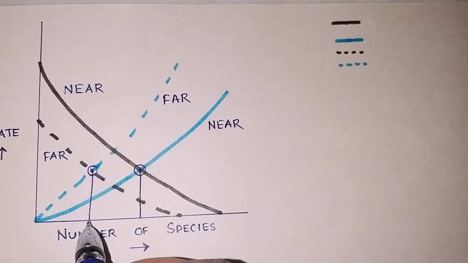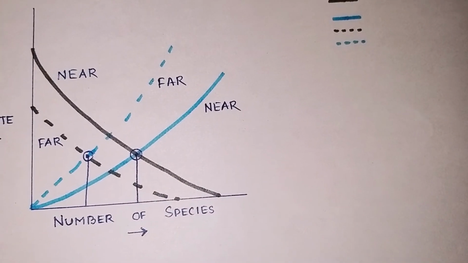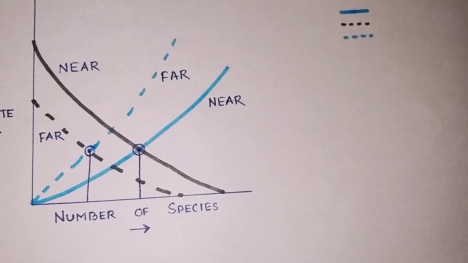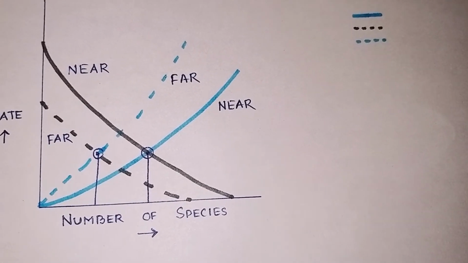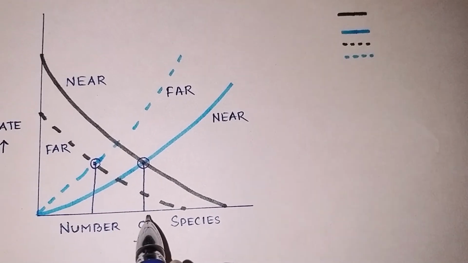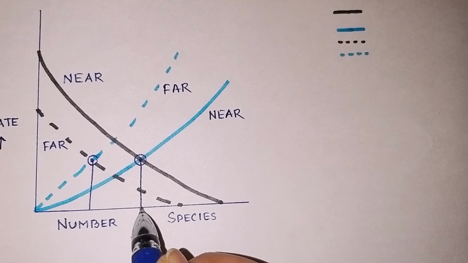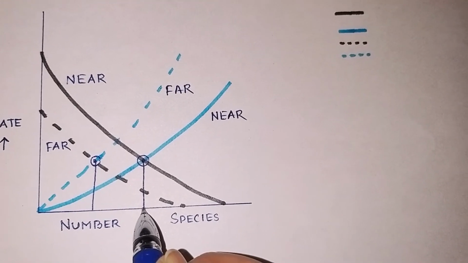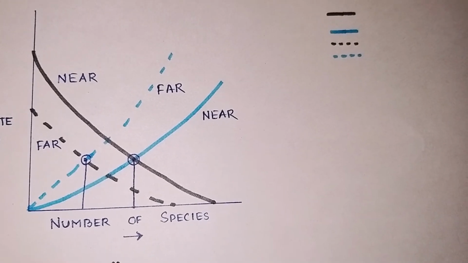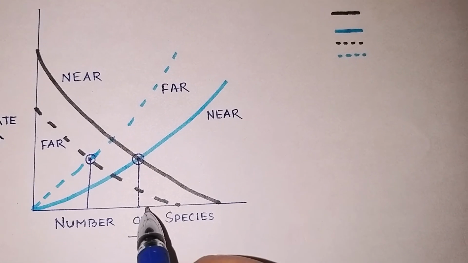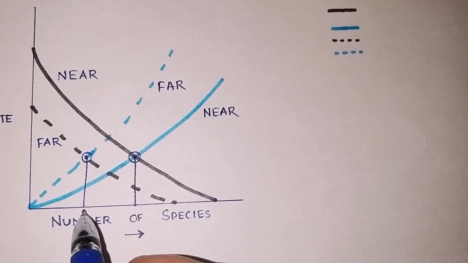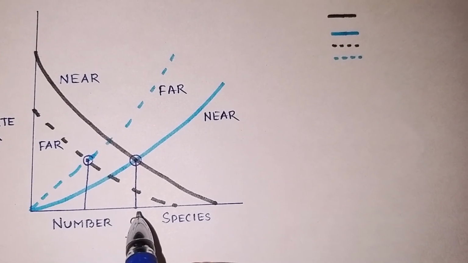These two perpendicular lines will help us understand the number of species present at one point of time in near island and far island. This value or this point depicts that the number of species in near island is more than that in the far island.